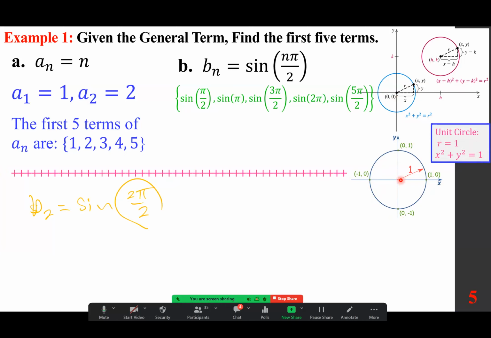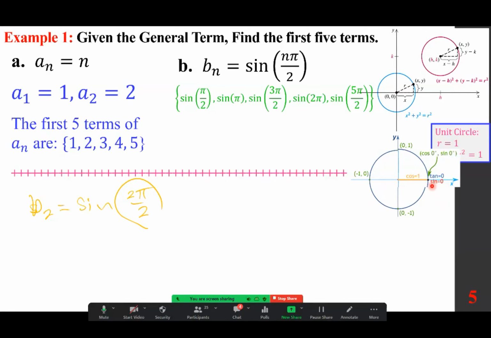As far as the angle is concerned, it is the angle that the point makes with the positive side of the x-axis. So this angle would be 0, this would be 90 degrees, this would be 180, this would be 270, and so forth. For example, right here, this angle is 0, tangent is 0, sine is 0, cosine is 1.